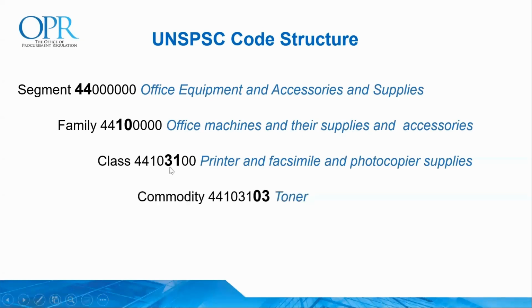As we drill down to the 4th and final level for the toner, the commodity code being 03 here, unique. The overall commodity code for toner would be 44103103. Again, 44 represents the segment, 10 represents the family, and 31 represents the class. And then 03 represents the individual toner itself.